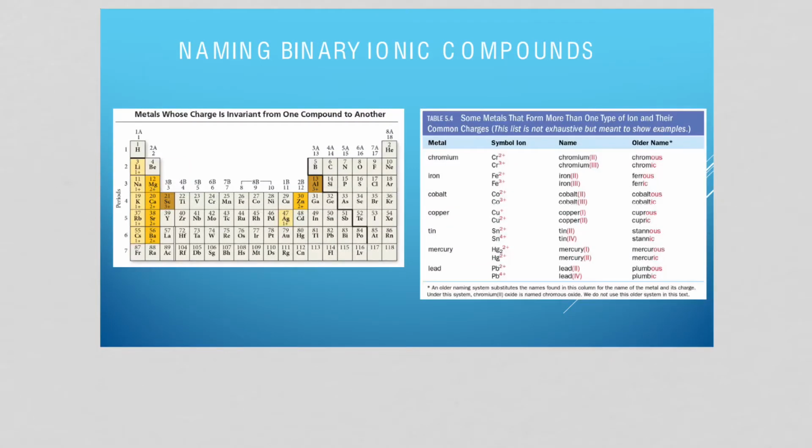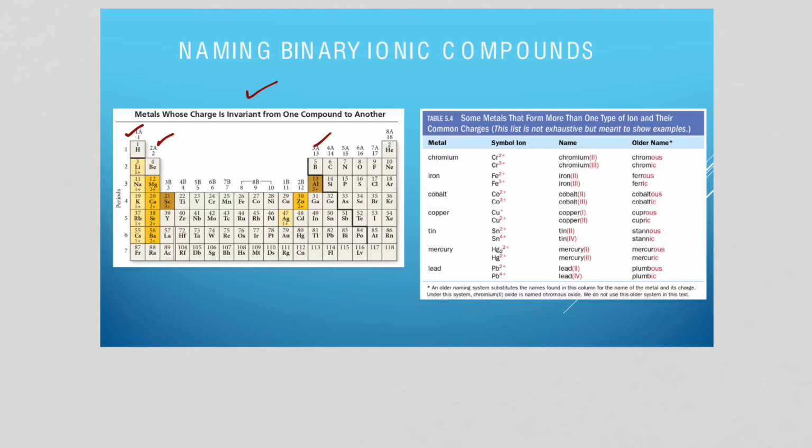So let's start with compounds where the metal can only form one charge. I will again harp on this, that we need to start, if we haven't already done so, to learn what these charges are. So these are the metals that we talked about, right? The important ones were group 1, group 2, group 3, right? Especially aluminum, right?